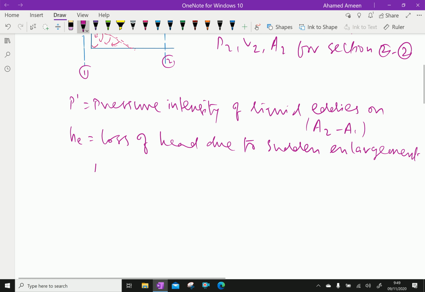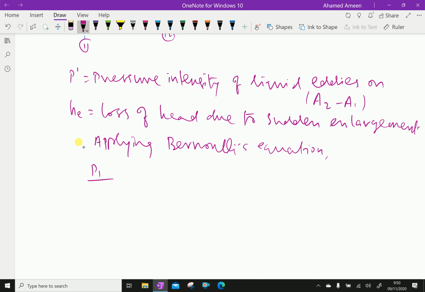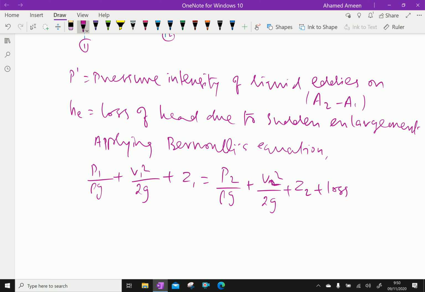Now applying Bernoulli's equation, P1 by rho g plus V1 squared by 2g plus datum Z1 is equal to P2 by rho g plus V2 squared by 2g plus datum Z2 plus loss of head due to sudden enlargement.